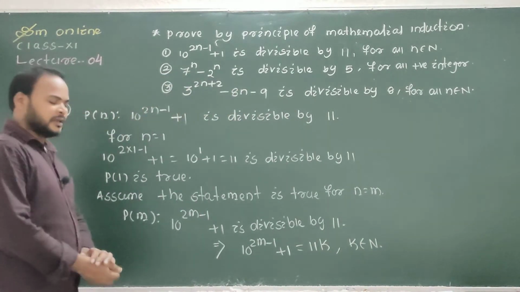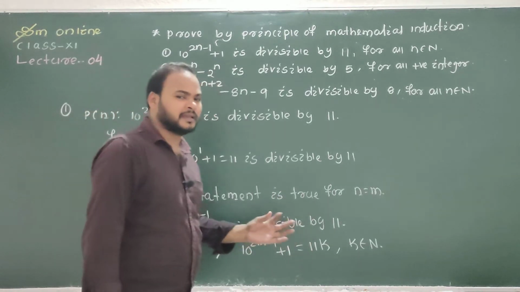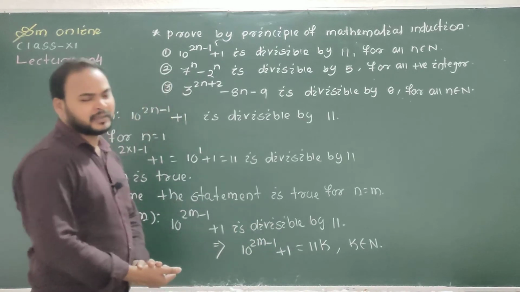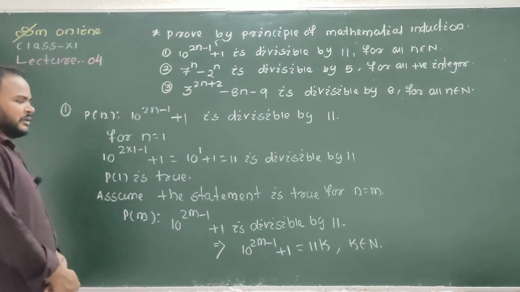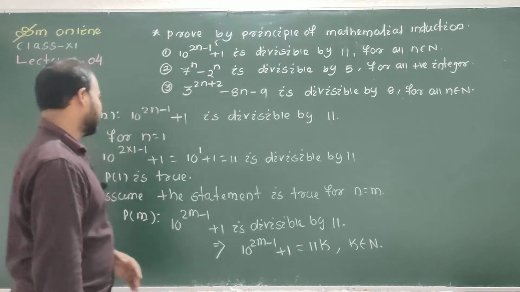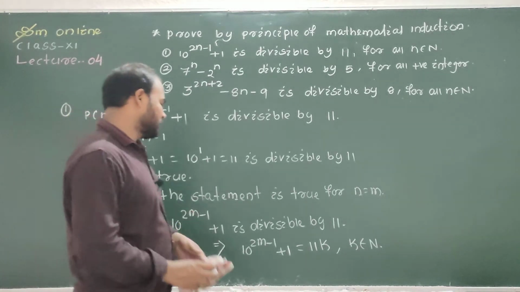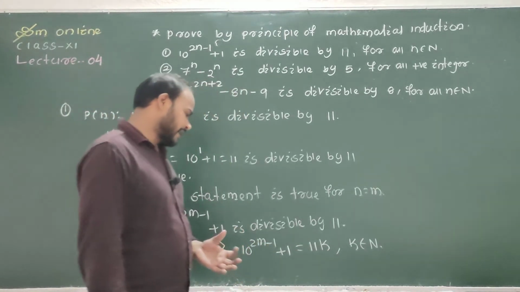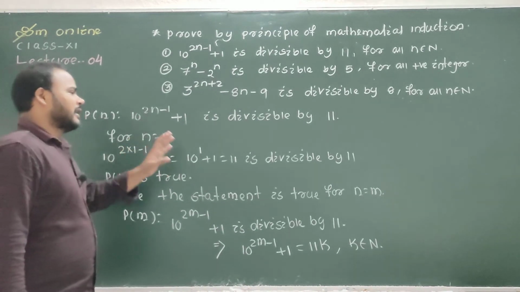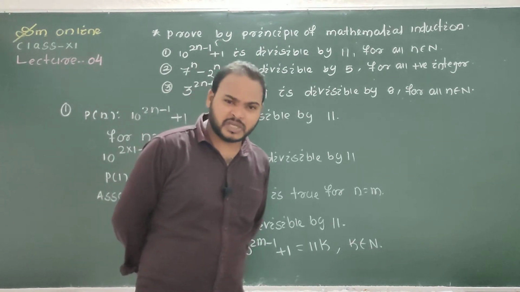If 10 to the power 2m minus 1 plus 1 is divisible by 11, then we can write 10 to the power 2m minus 1 plus 1 equal to 11 into k, where k belongs to natural numbers. Now we have to prove that for n equal to m plus 1 the statement is true.